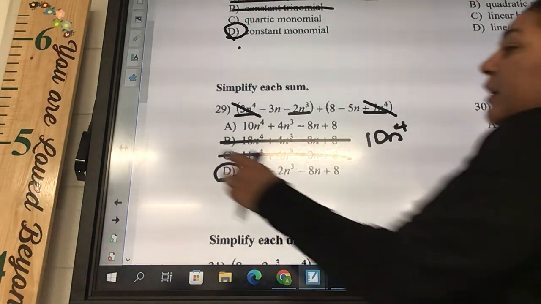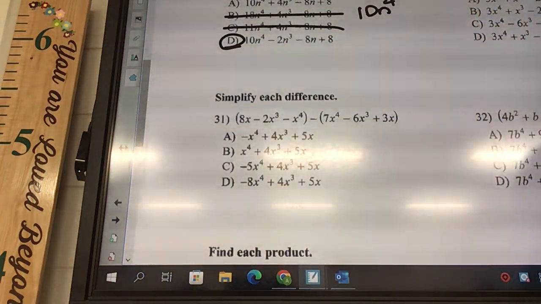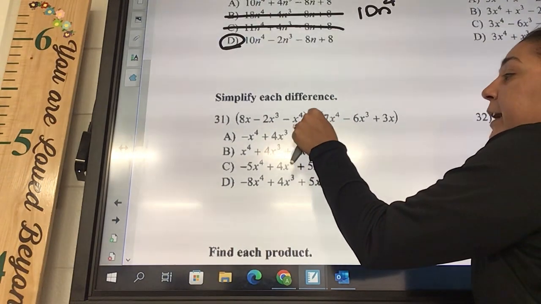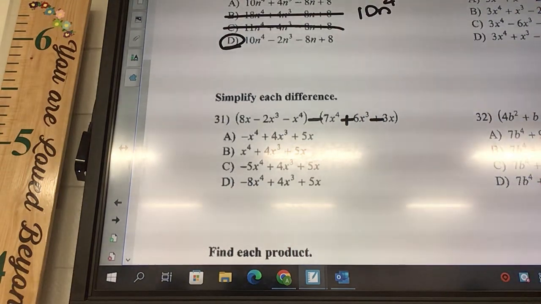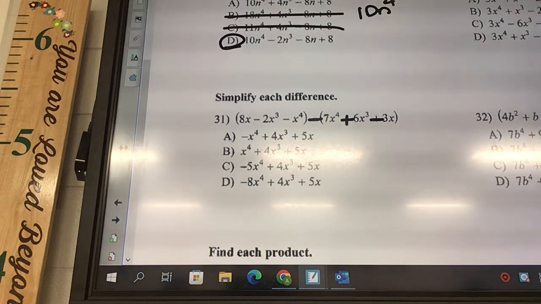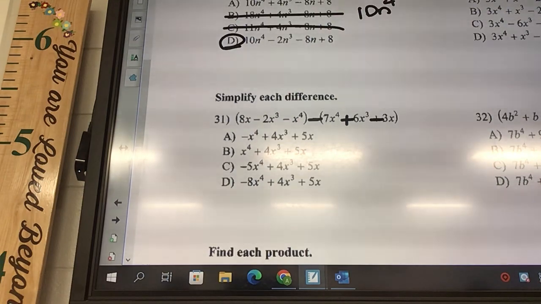Okay, what's different about the subtraction? You guys switch the signs in all the second parentheses, so this should look like a minus, a plus, and a minus. And then it gets done just like above. So what would we combine first? The x4. So I got a negative 1 and a negative 7.